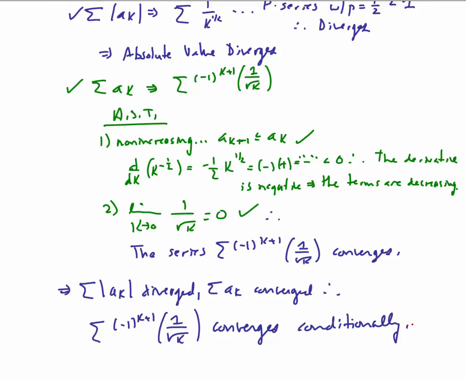Now if you wanted to, you could have checked this series right away without checking the absolute value, but I've found after working lots and lots of these, if I can check the absolute value first and I find out it converges, it saves me one less test in the long run. It's not always true, but sometimes you end up saving yourself some time.